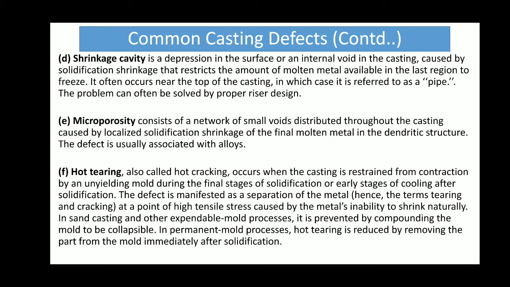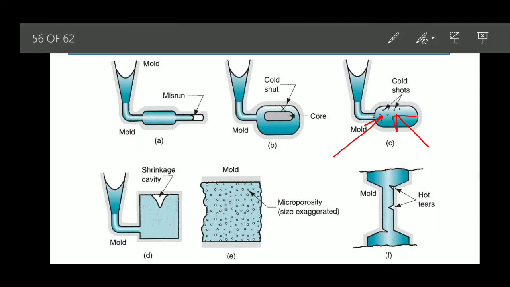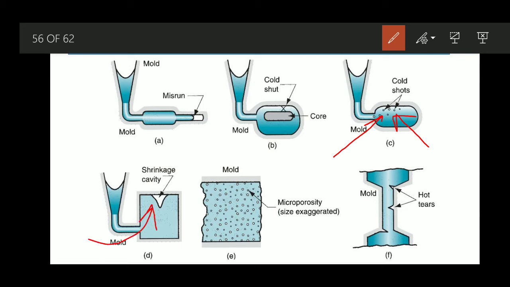Okay, and in this particular case, this problem is referred to as pipe. You can see, due to solidification shrinkage, that particular problem may be there. Okay, and on the top surface generally we obtain this kind of problem. Because of the look of it, it is known as the pipe formation.